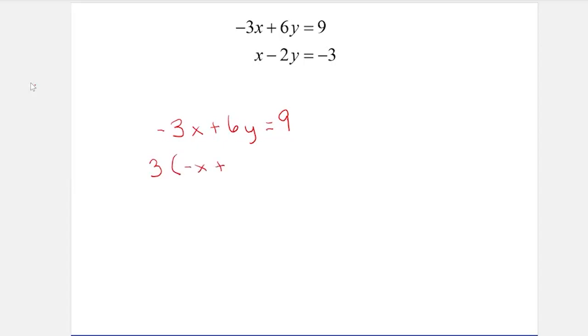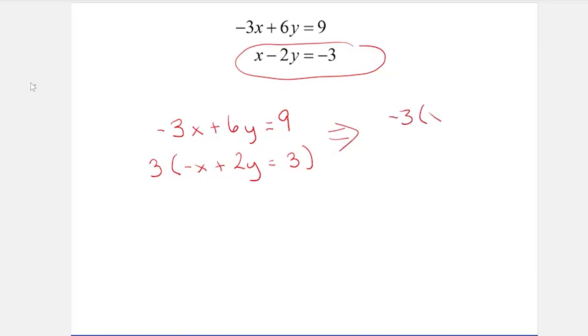If I factor a 3 out of the second term, I get plus 2y equals, if I factor a 3, I get 3. Notice that's almost exactly the same as that, except it's negative. If I were to factor out a negative 3, I would get x minus 2y equals negative 3, where this inside here is exactly the same as this.